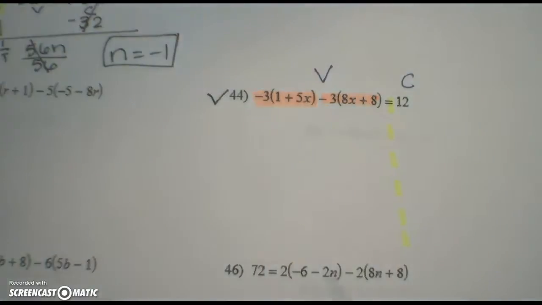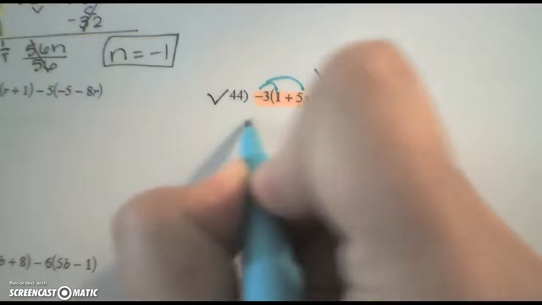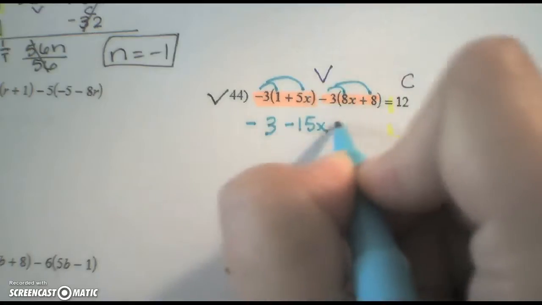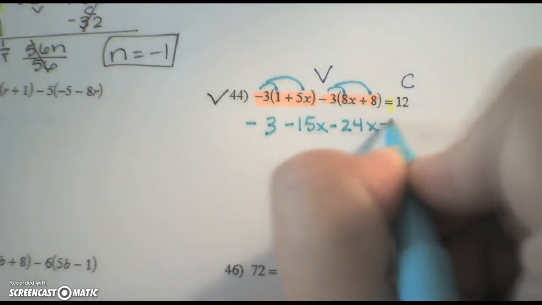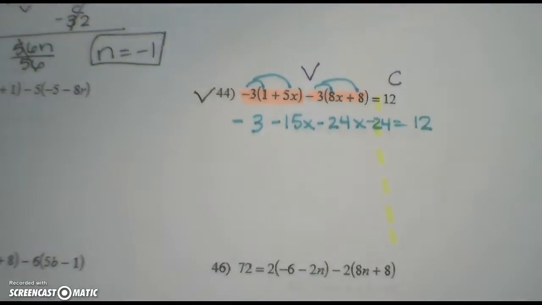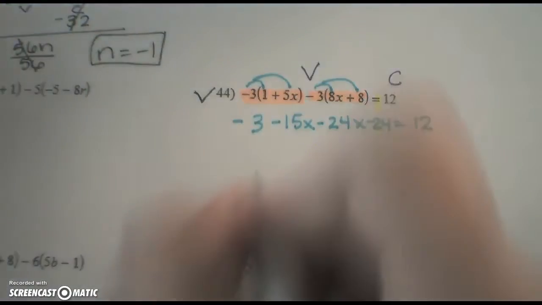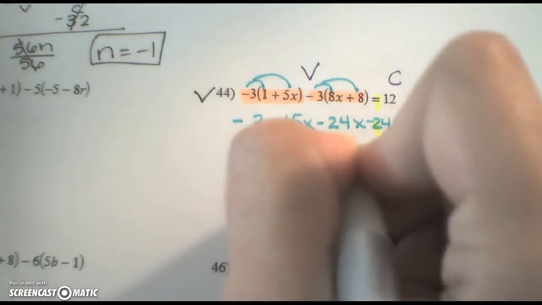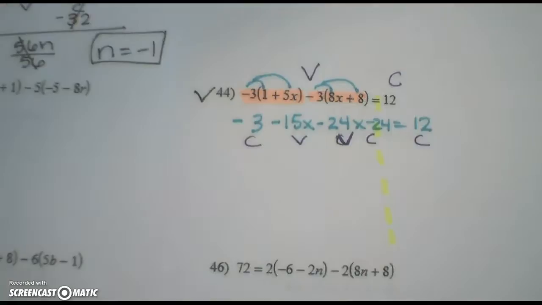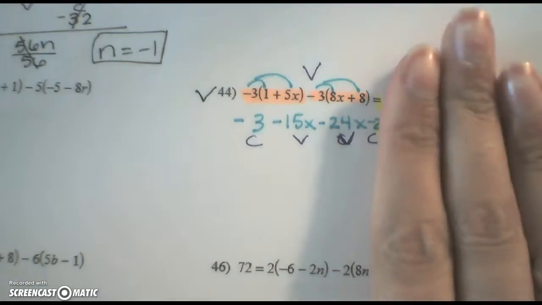Okay, so negative 3 minus 15x, negative 24x minus 24 equals 12. All right, and then let's label. Oops. Correctly.